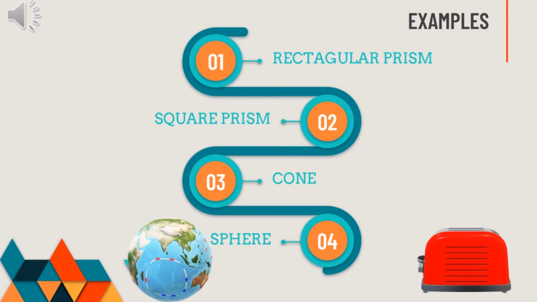For example, a square prism, which is rightly called a cube, or a rectangular prism, which is rightly called a cuboid. Another example shown here is a cone and a sphere as well.